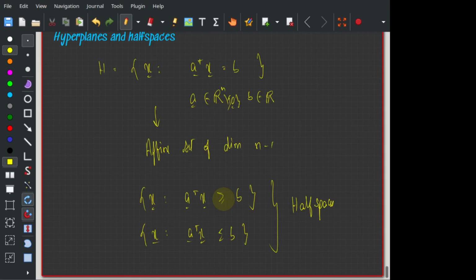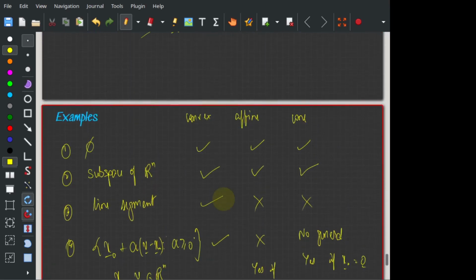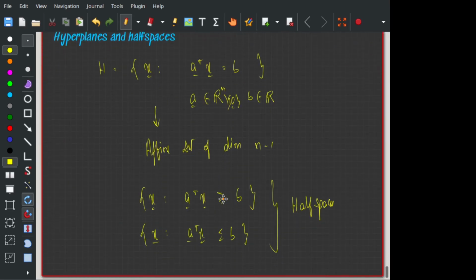So basically all the sets that we have considered so far, the way we've defined a convex set, an affine set or a cone, these are all closed sets. Similarly, the reason we are defining hyperplanes in this particular form is that these are closed sets.